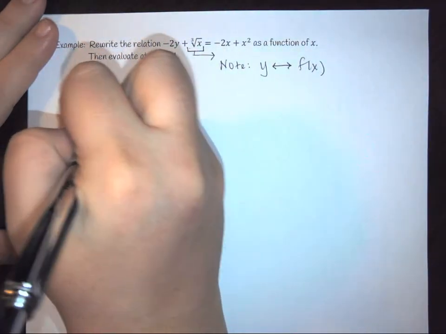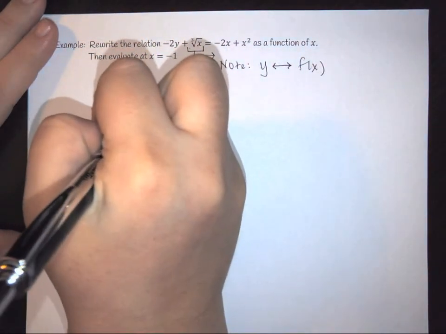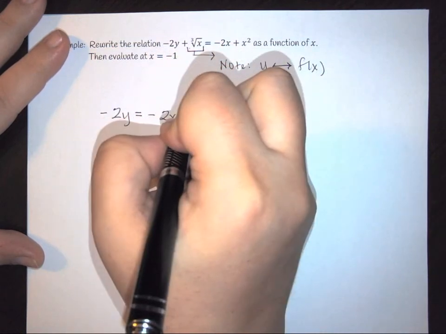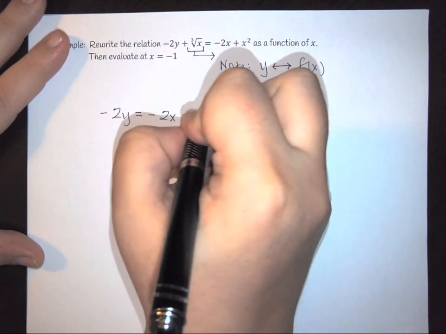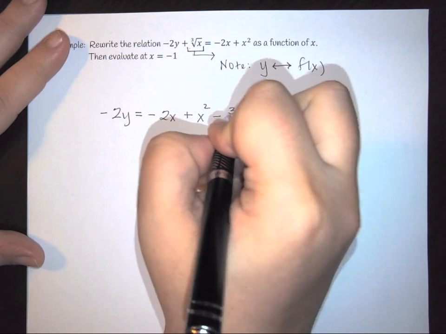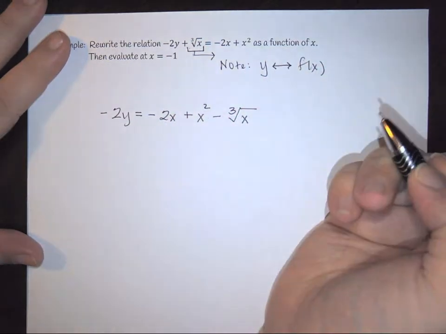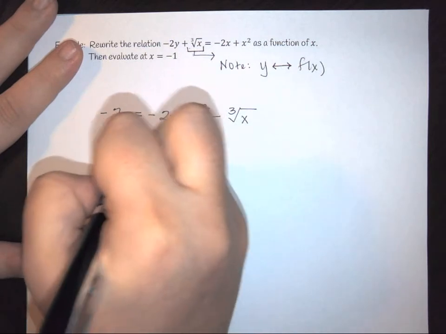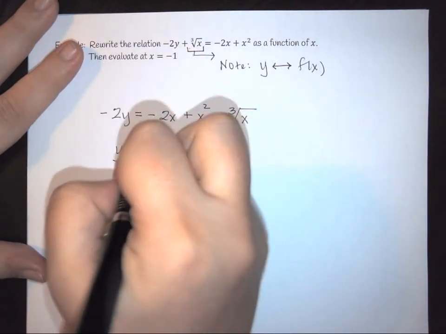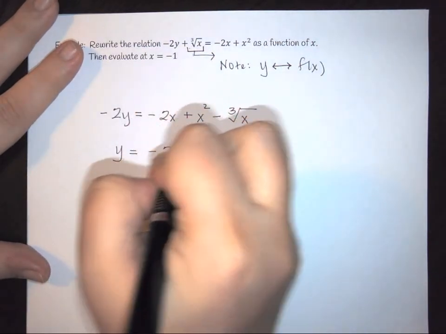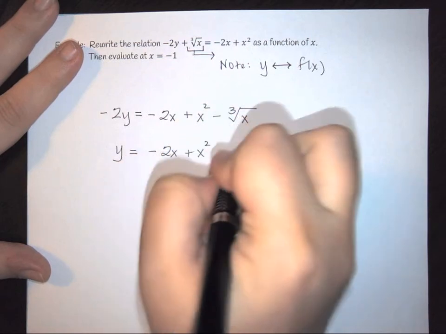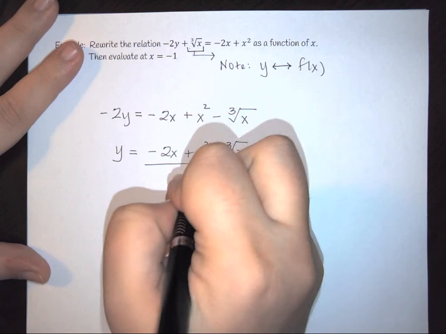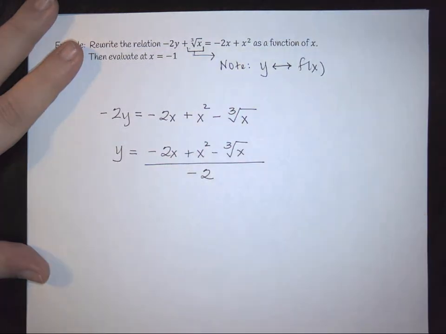So this gives me a negative 2y is equal to my negative 2x plus my x squared minus my cubed root of x. And I need to divide everything by negative 2. So y is going to be that negative 2x plus my x squared minus the cubed root of x, divide everything by the negative 2.